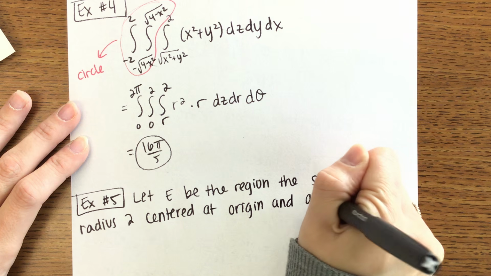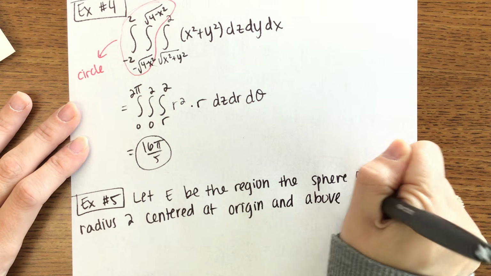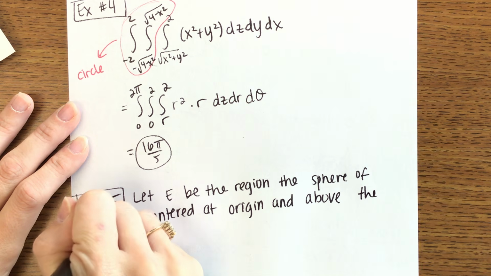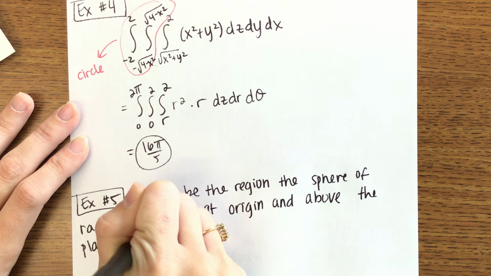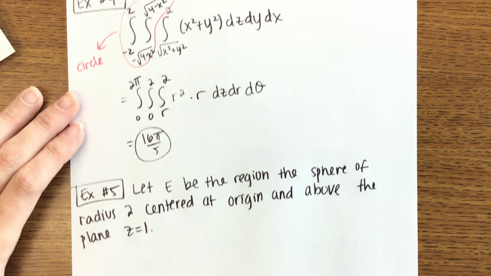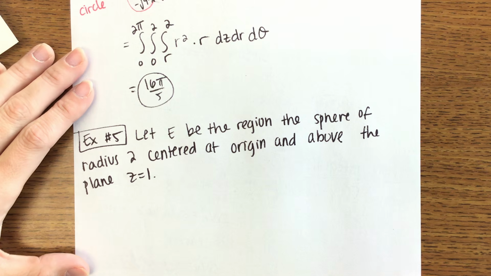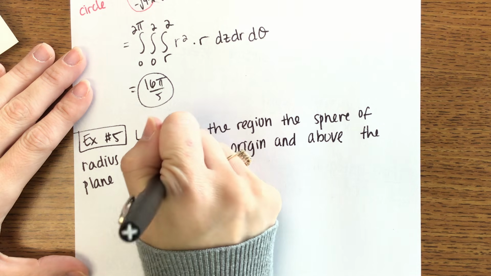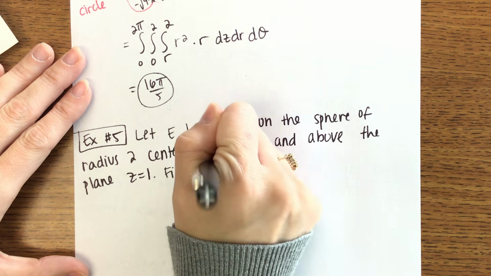And E is above the plane, z equals 1. What we are going to do is find the volume of E.